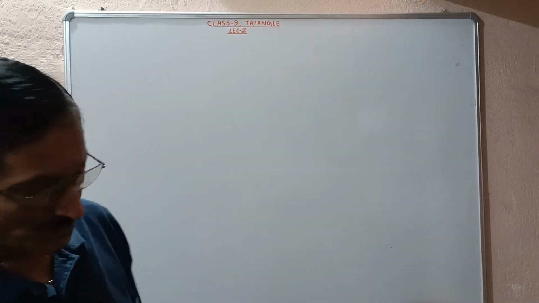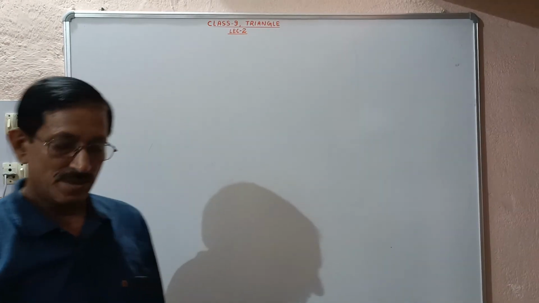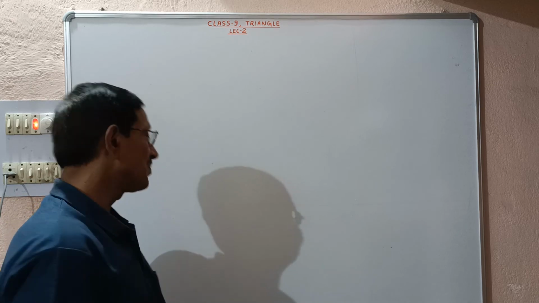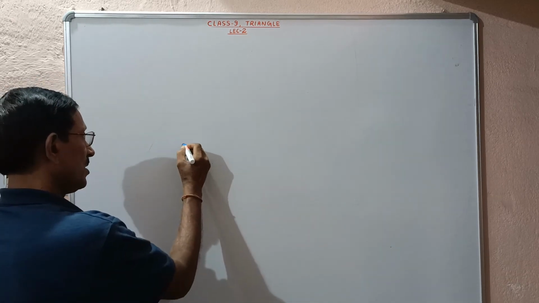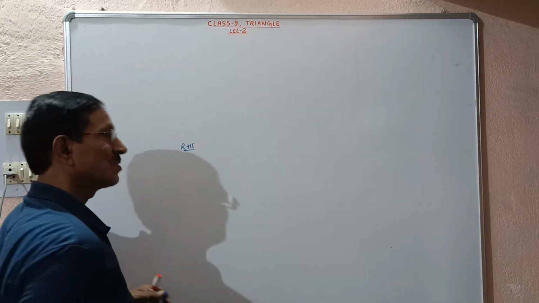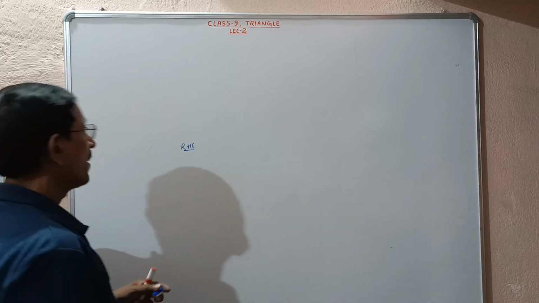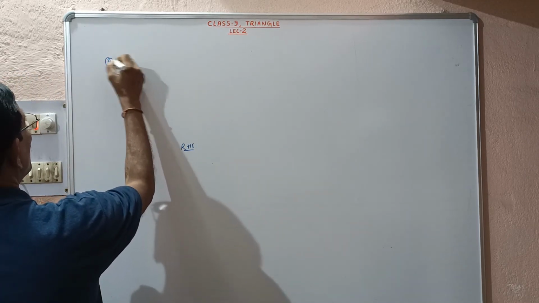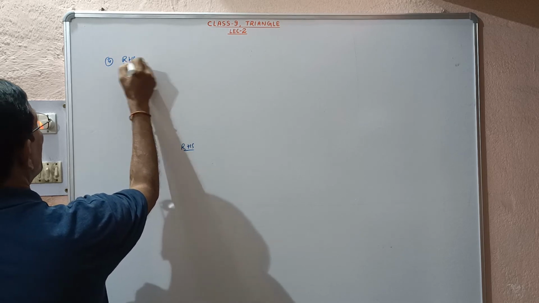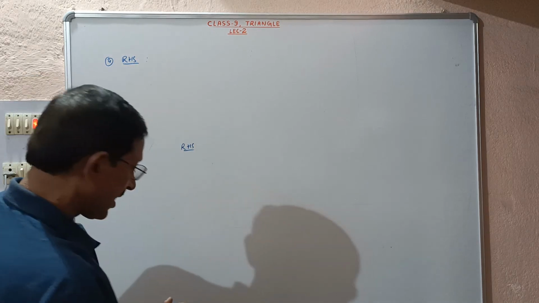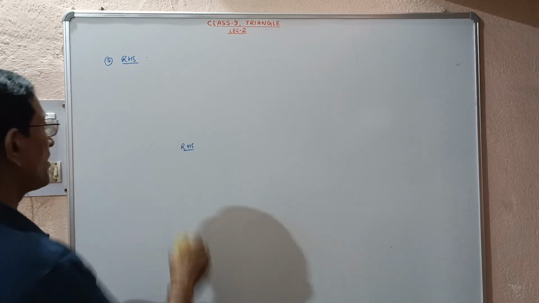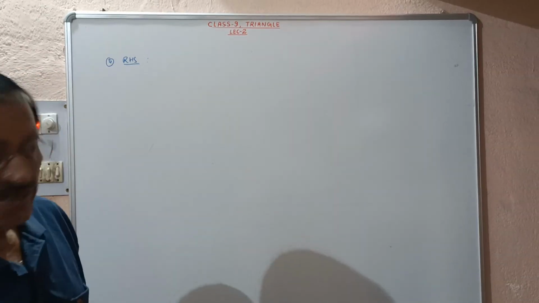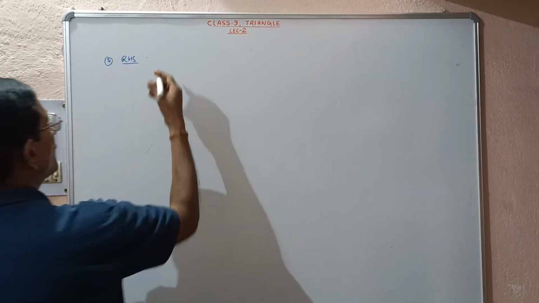Now there are some other rules. Other rules are RHS. So we give the fourth rule, RHS. This rule actually holds in two right triangles.